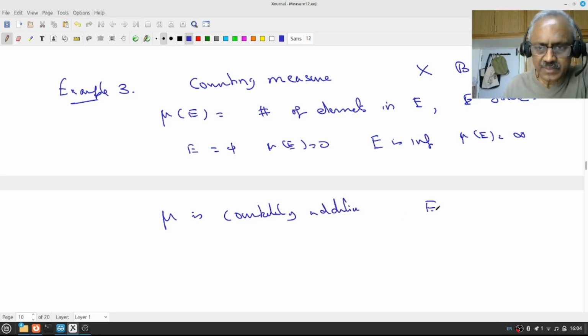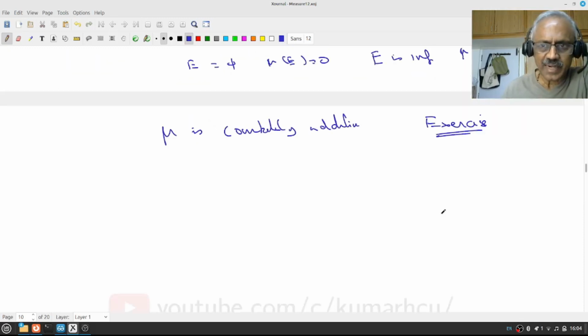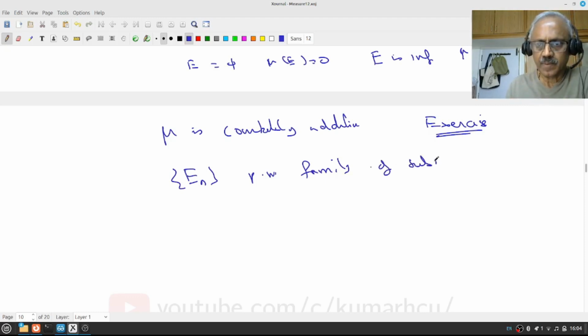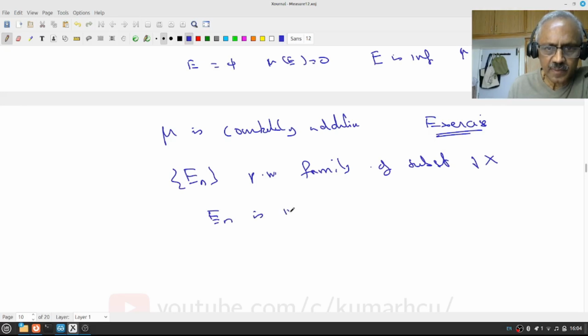This is a good exercise. Many people will take it for granted, but it's a good exercise. Suppose E_n is a pairwise disjoint family of subsets of X. Then if one E_n is infinite, then the union of E_n is infinite.